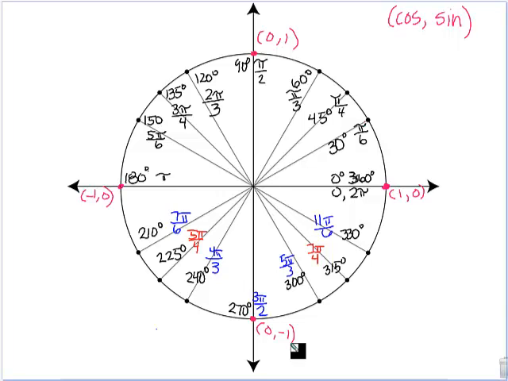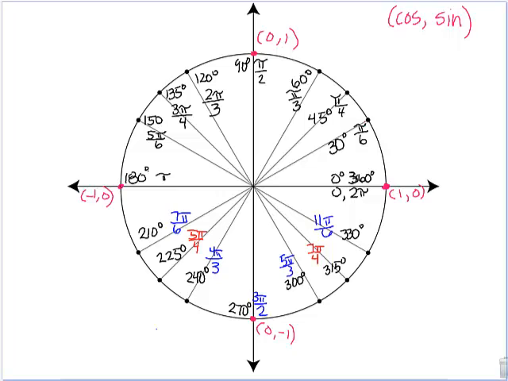The cosine function is able to distinguish that because one has a negative x value and the other a positive x value. So what we're going to do is find 3 points in our first quadrant: the points at 30 degrees, 45 degrees, and 60 degrees.